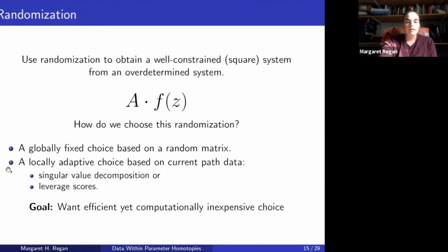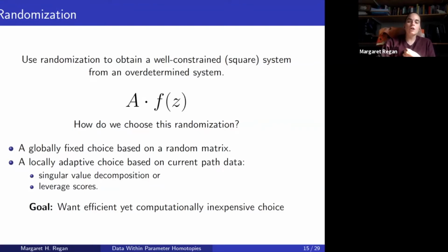The singular value decomposition gives a dense matrix, and the leverage scores give a sparse matrix. Leverage scores are based on a statistical computation that allows you to take the most important equation, the one most influential at that path point.